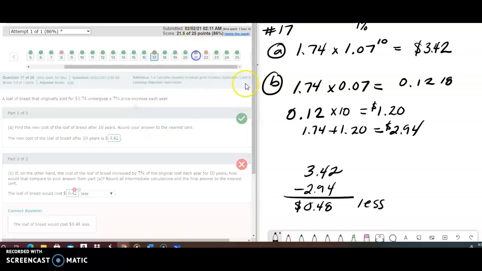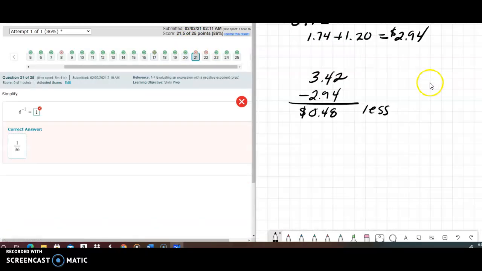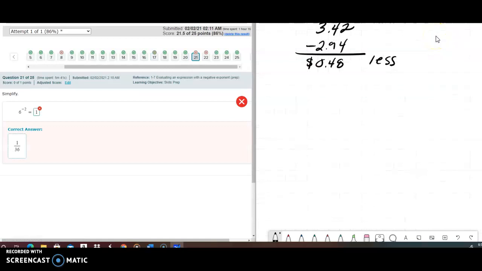All right, let's look at 21. For 21, we have 6 raised to the negative 2 power. And we want to give an answer. So the rule for exponents raised to a negative power, just in general: if I have x to a negative n, it's 1 over x to the n. So the negative sign in front of the exponent doesn't make the base negative.